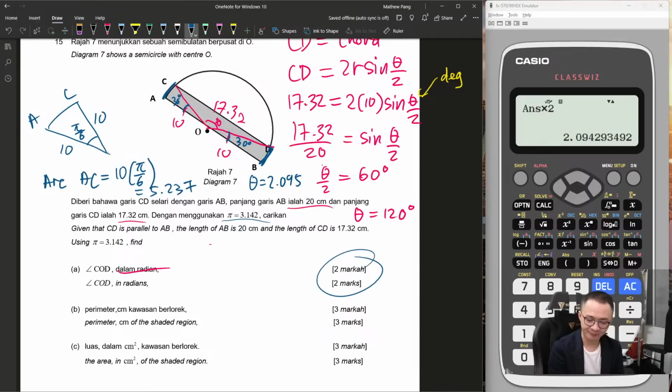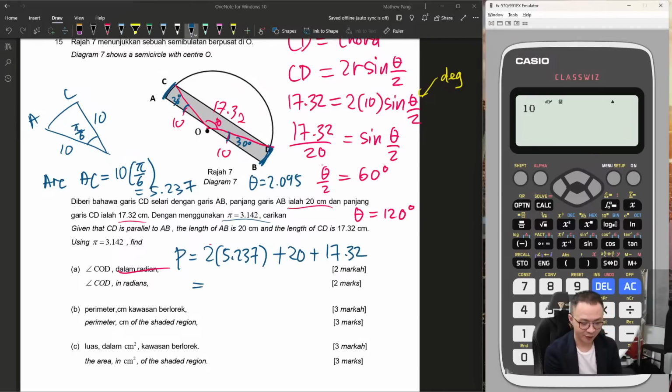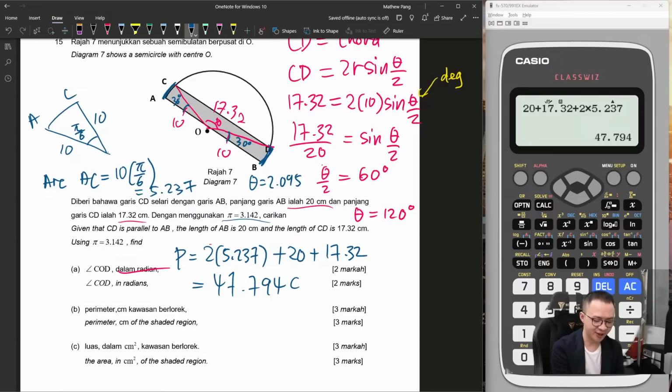Okay, so the perimeter is double of 5.237, plus 20, plus 17.32. This is how we get the perimeter, which is 20 plus 17.32 plus 2 multiply 5.237. So we got 47.794 centimeters.